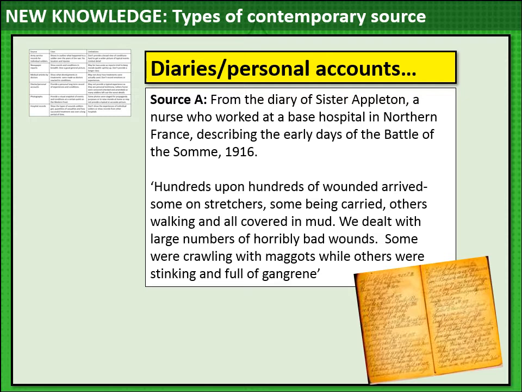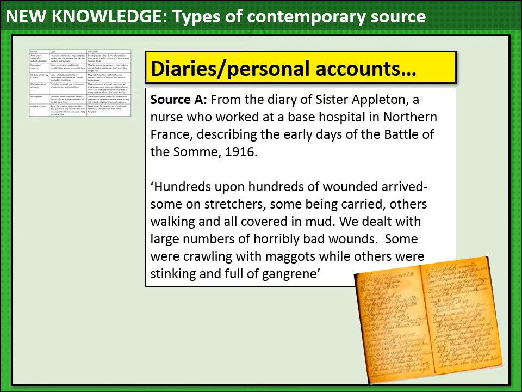Firstly, a diary. Now source A, we've already looked at this, is our diary of a nurse operating in a base hospital, and she describes here the early days of the Battle of the Somme. And you can see how a diary can bring history to life.